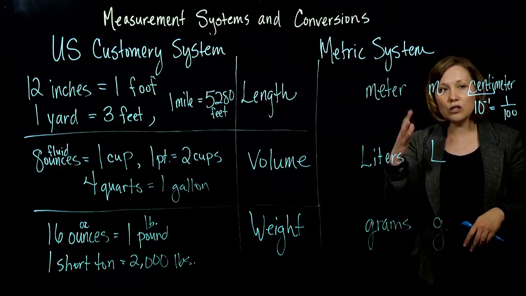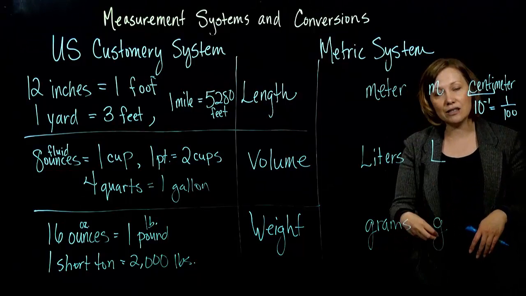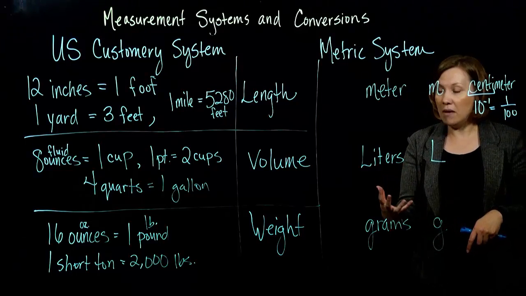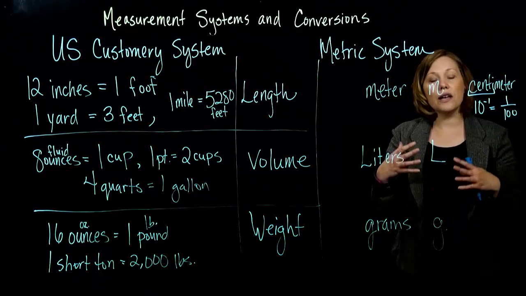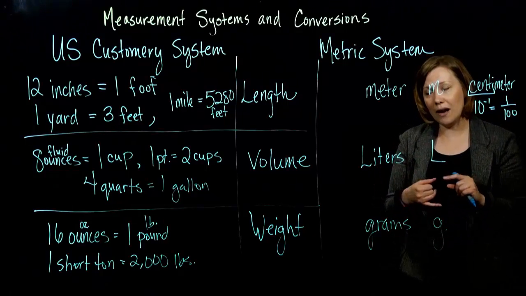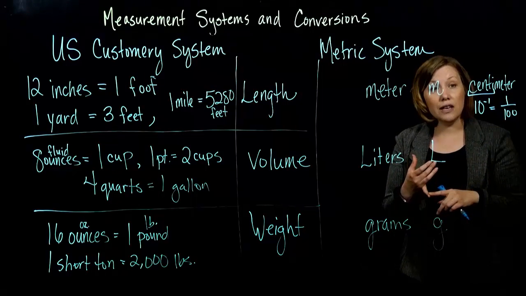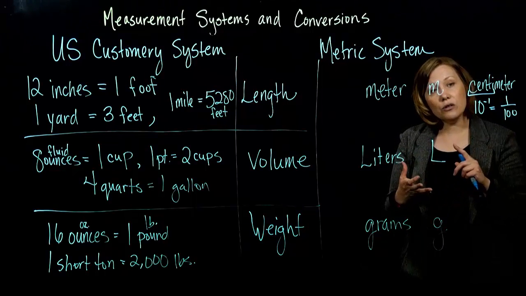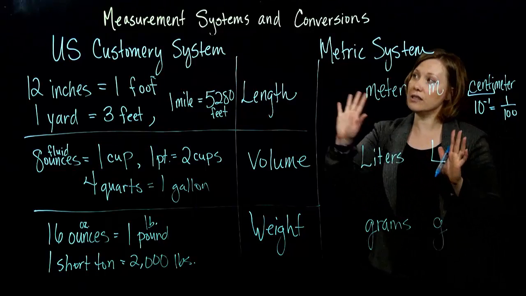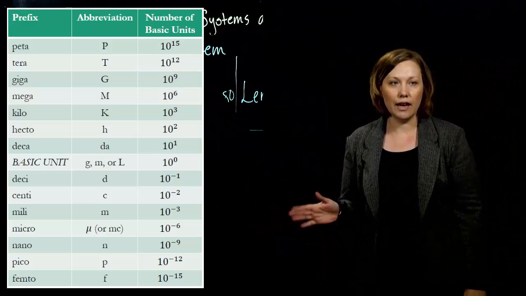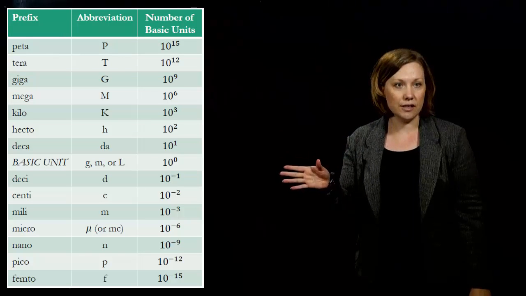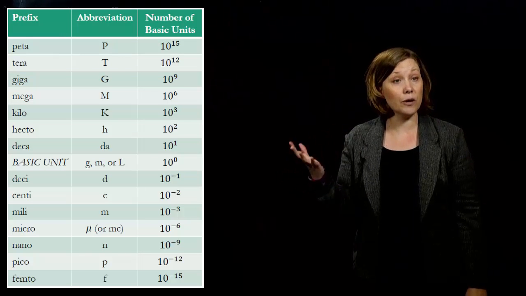So once you learn the prefixes and the basic units of measure, it's actually a much simpler system. So in the next few sections, we're going to talk about how to convert within each one of these systems, and also how to convert between the metric system and the U.S. customary system. So let's take a closer look at the metric system, the basic unit, and the prefixes.